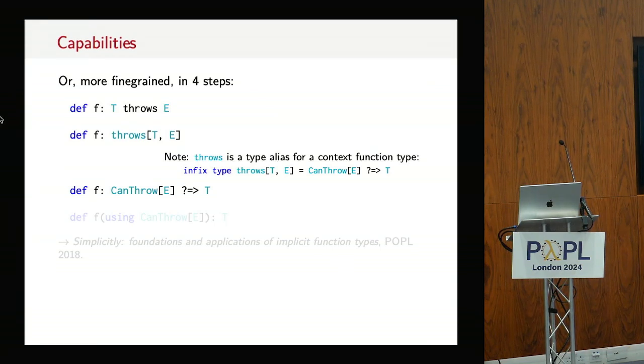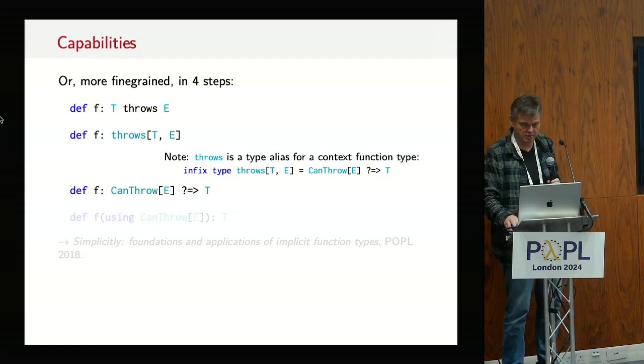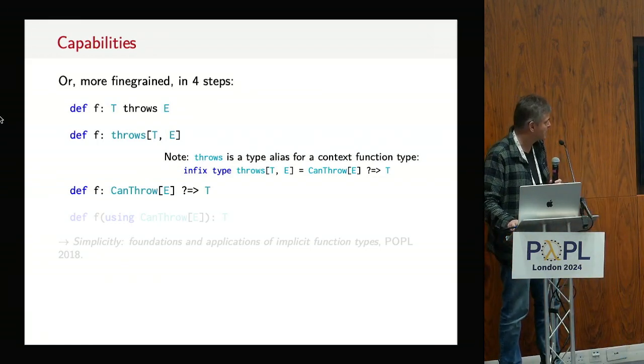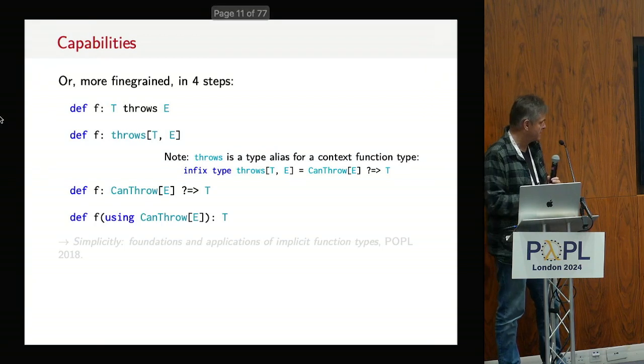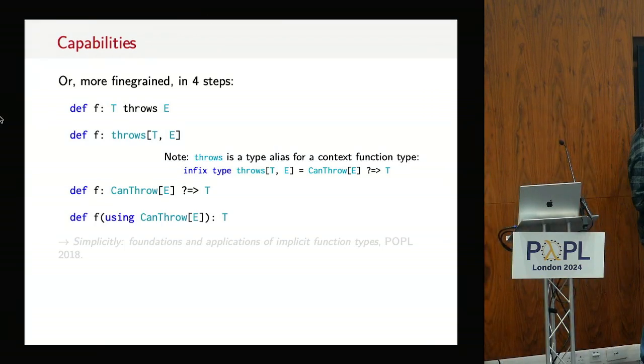These are function types that get applied automatically to the result. So it's CanThrow E ?=> T, automatically applied. The parameter is synthesized at the point where the function is used. This context function type translates into exactly the same thing: a function that takes this thing as a parameter and returns that thing as a type.